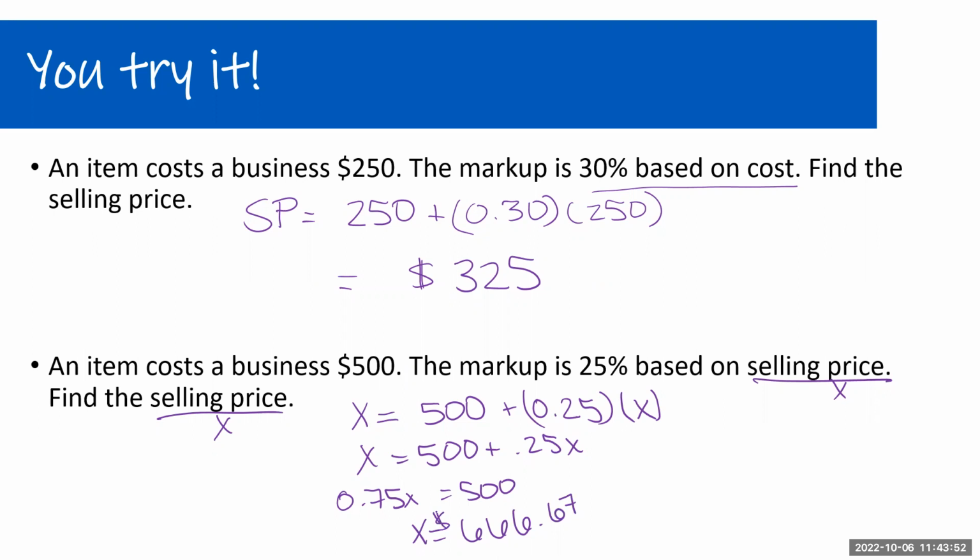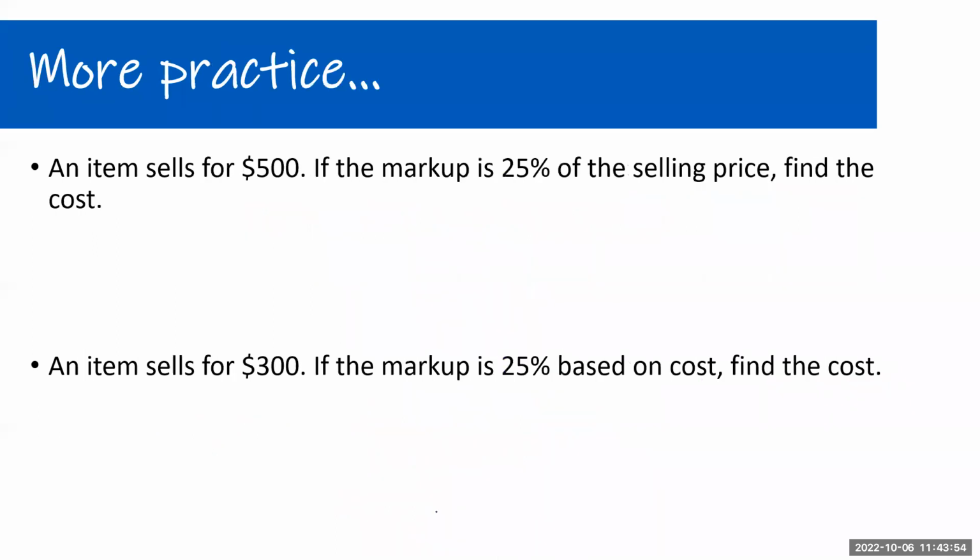Okay. Let's get some more practice. Again, great place to pause. An item sells for $500. The markup is 25% of the selling price, so we want to find the cost. So we know that we're selling it for 500. We don't know the cost.